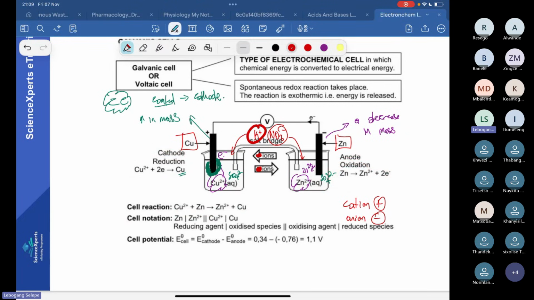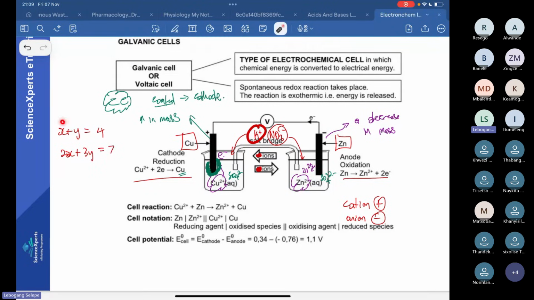By adding the half reactions, we get the net reaction. Remember in maths, when you add equations, maybe you have x plus y equals 4, and 2x plus 3y equals 7. When you add the equations, you add this and that: we get 3x, y plus 3y gives 4y, then 4 plus 7 gives 11. The same way we add equations in maths, we're going to add equations here in physics.